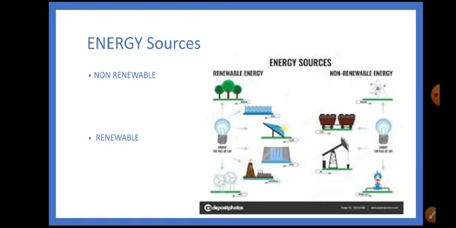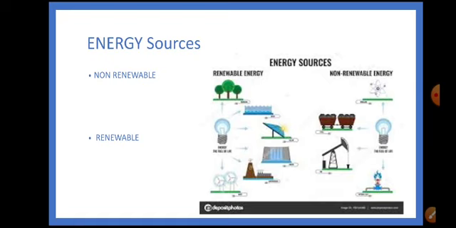Here we have conventional and non-conventional energy sources, or non-renewable and renewable energy sources. As given in the name, non-renewable means we cannot renew it.